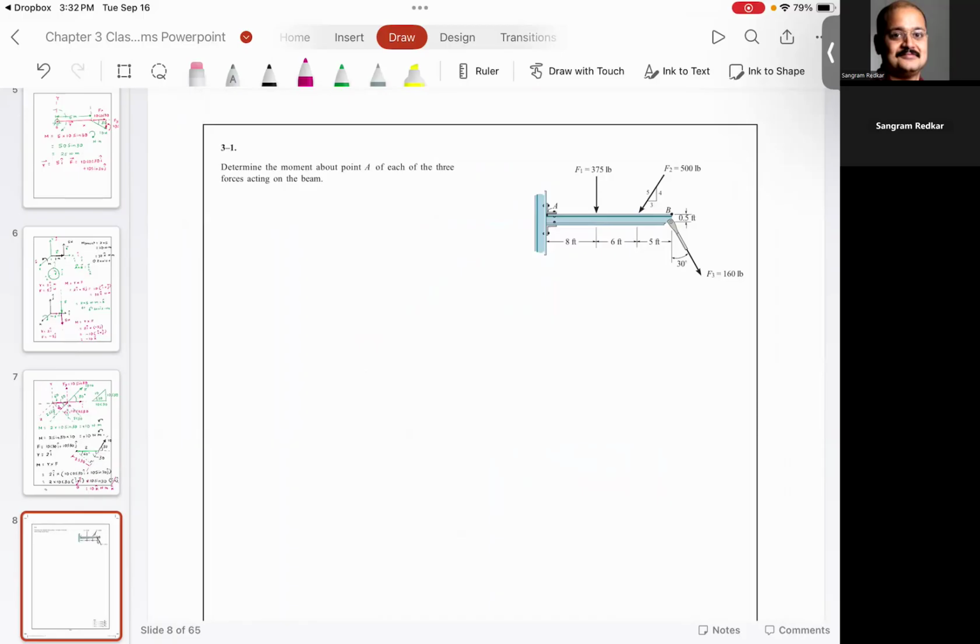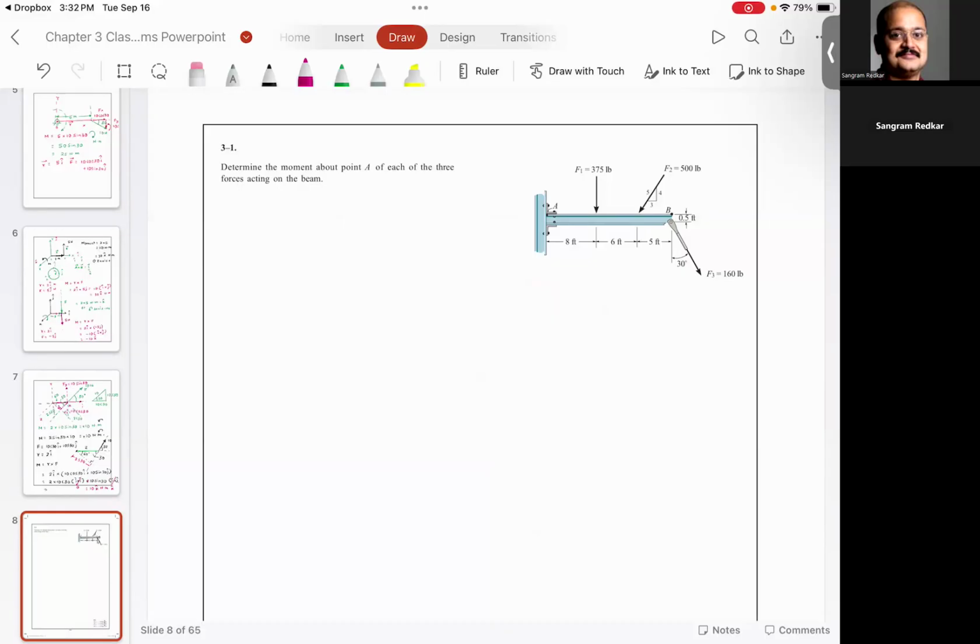Now, first and foremost, I want you to look at this beam. You agree with me that this beam is fixed at one end and free at the other end. Beam is fixed at one end and free at another end.